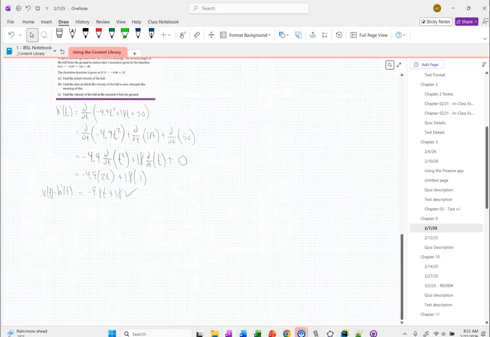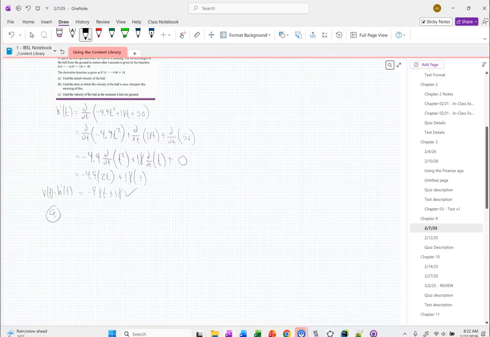So part A asks to find the initial velocity of the ball. What time is initial? What does initial mean in English? If I said to define the word initial: first, the start, the beginning. What value for t would indicate the start? Zero, right?